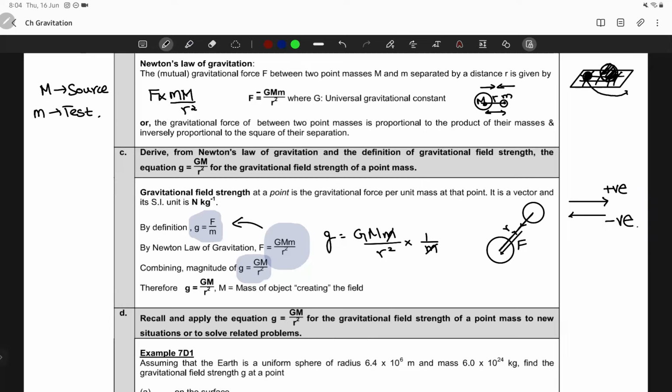That's why we have this negative symbol in the expression for force. Is that clear now? Yes. Okay, amazing.